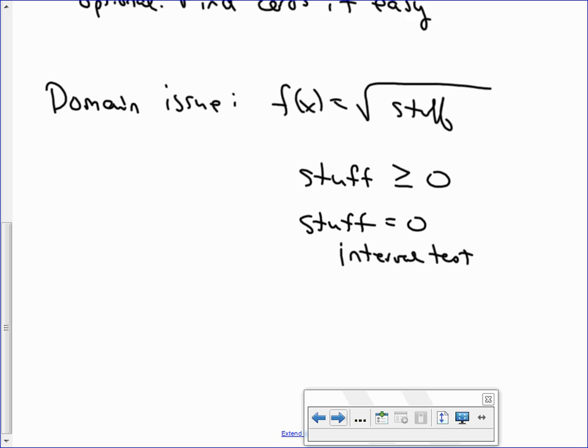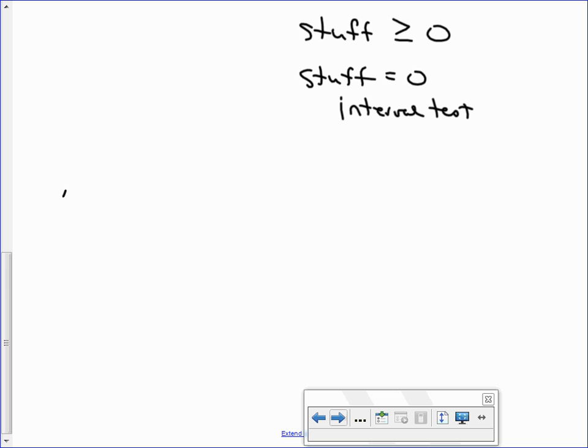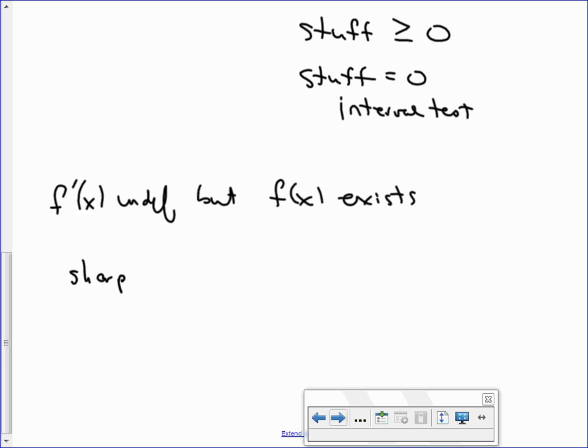Alright, and then one other thing that didn't come up in the examples is if you get f prime of x is undefined, but f of x exists. In other words, there was no vertical asymptote there. Remember that that gives you two possibilities. What you're looking at is either a sharp turn, so it's not going to be flat, it's going to be a sharp turn like this, or it might go like this, like this.